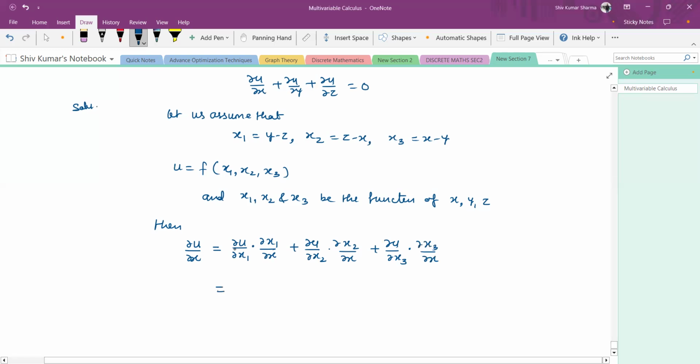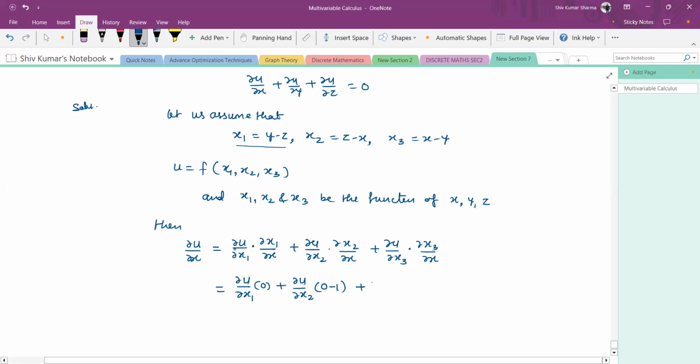So when we differentiate x1 with respect to x, there is no term of x in x1, so the differentiation will be 0 because y and z we treat as constants. Plus del u upon del x2 into del x2 upon del x: the derivative of x2 with respect to x is -1.